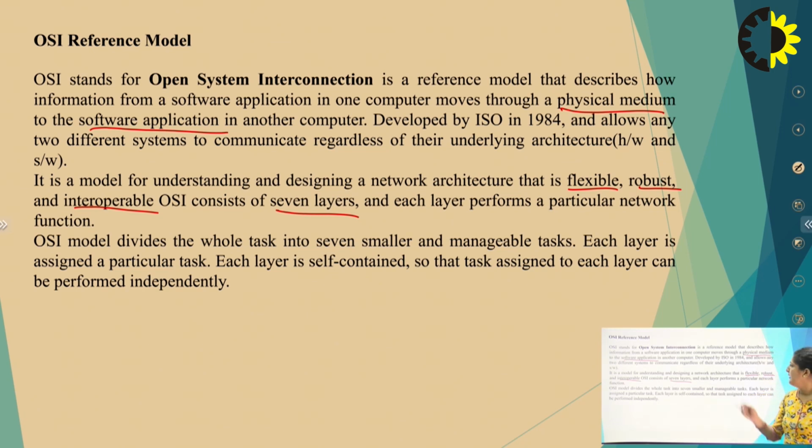First is the application layer, then the presentation layer, then the session layer, then the transport layer, then the network layer, then the data link layer, and last the physical layer.